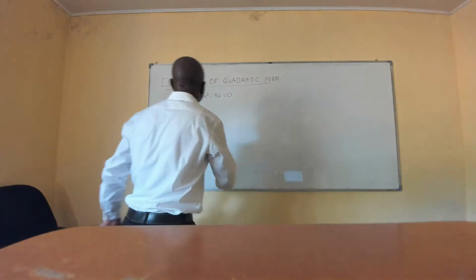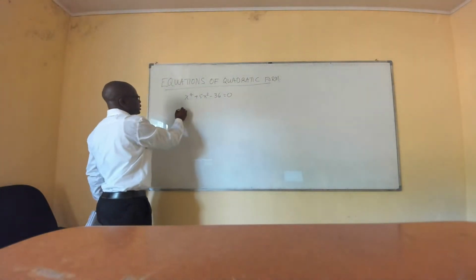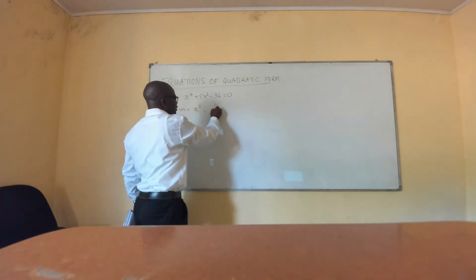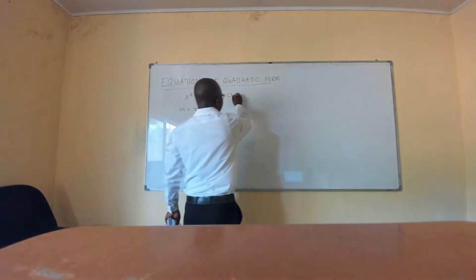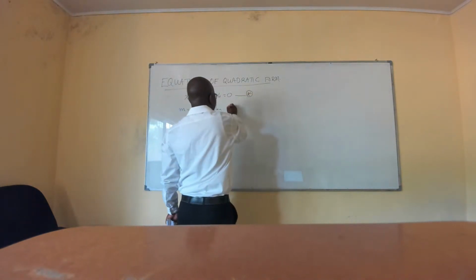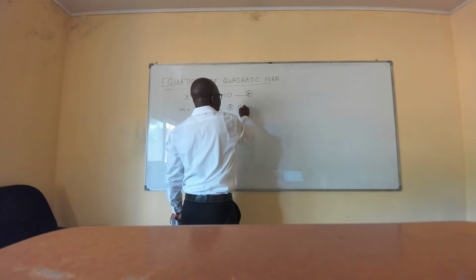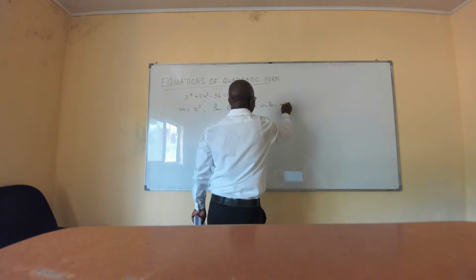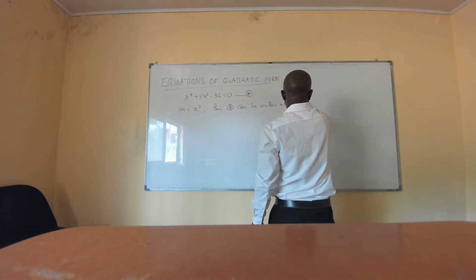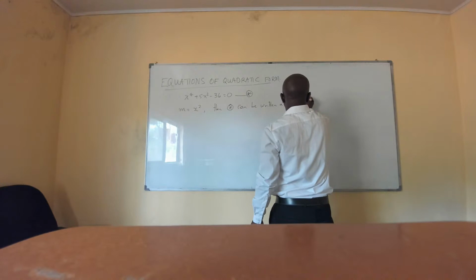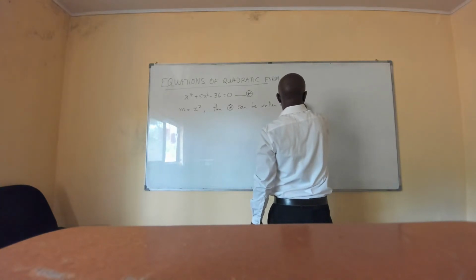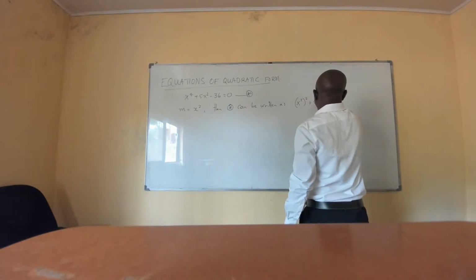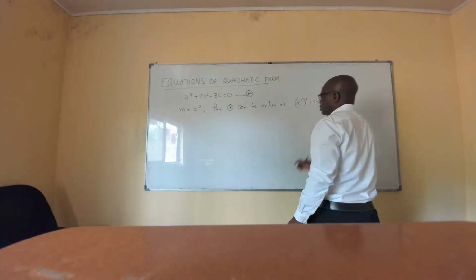However, if we let m equal x squared, then this equation star can be written as x to the power 2, the whole thing to the power 2, plus 5x squared minus 36 equal to 0.